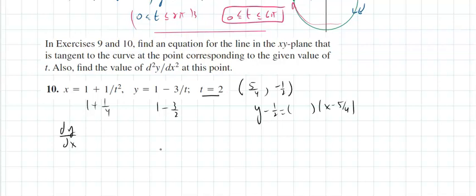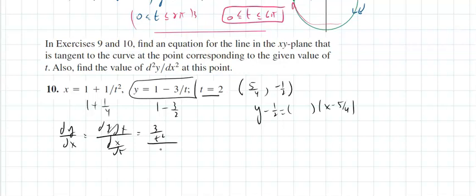Derivative: we know that y depends on t and x depends on t. Derivative of y will be 3 over t squared. Derivative of x will be negative 1 over t cubed, negative 2. That's t to the negative 2. Bring the power down, subtract 1 from the power.